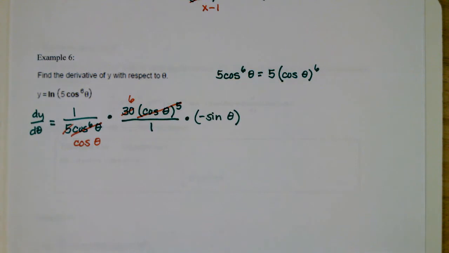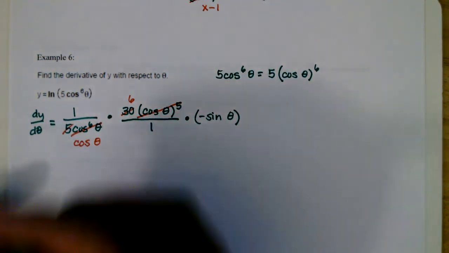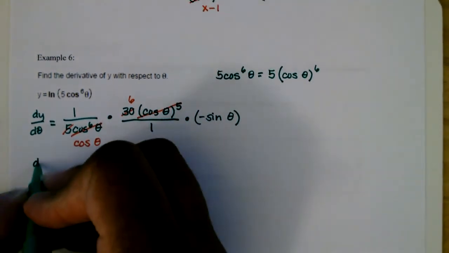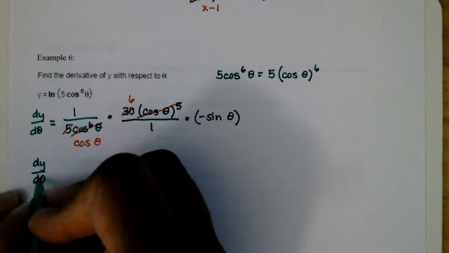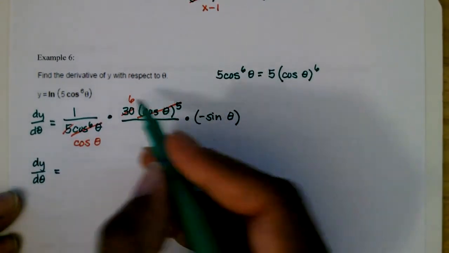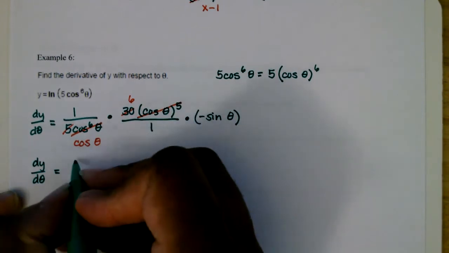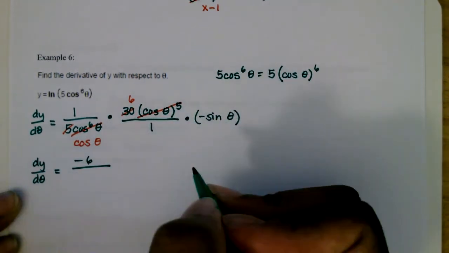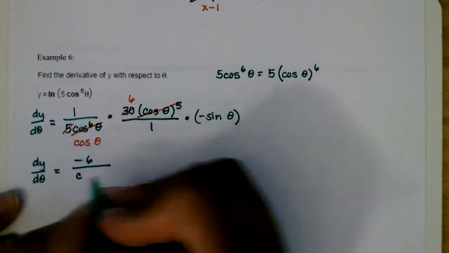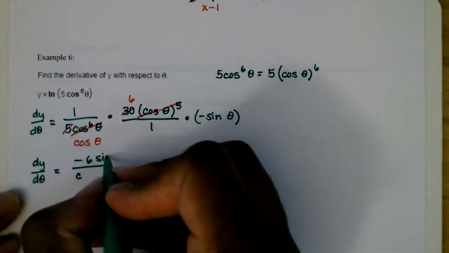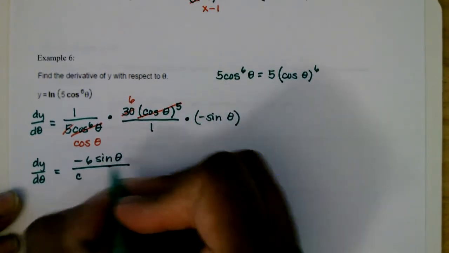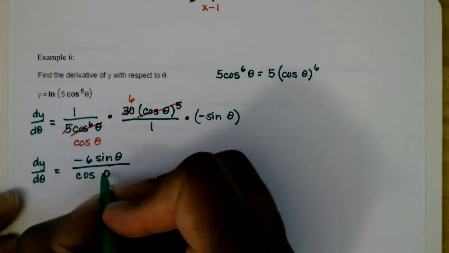Okay, so if I simplify this a bit, dy d theta would be a negative, and a 6 would be -6 over, and I have cosine theta. Well, actually, I have sine of theta in the numerator, and that's divided by the cosine of theta.